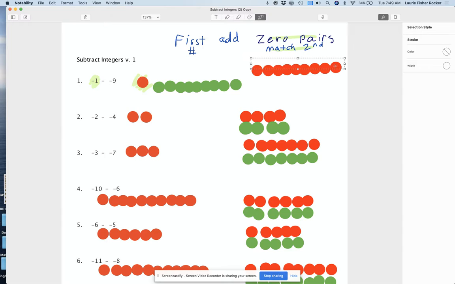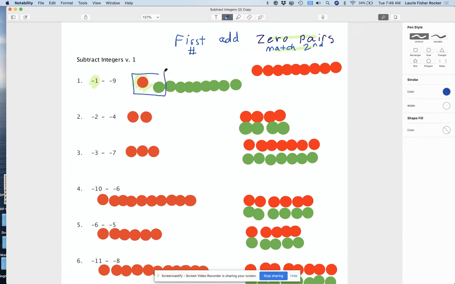When I simplify, I have a red tile and a green tile, and those make a 0 pair, so I can get rid of that. That leaves me with 1, 2, 3, 4, 5, 6, 7, 8. So I took away 9 red counters, and then I simplified what was left.